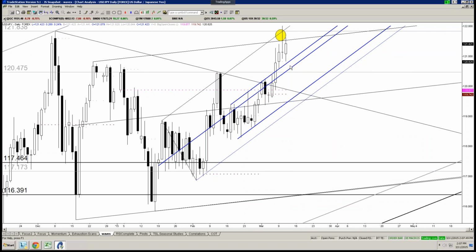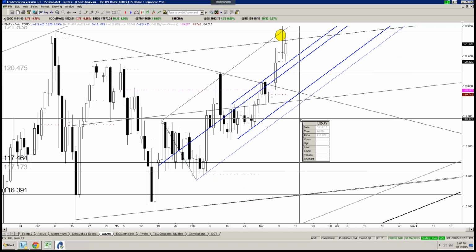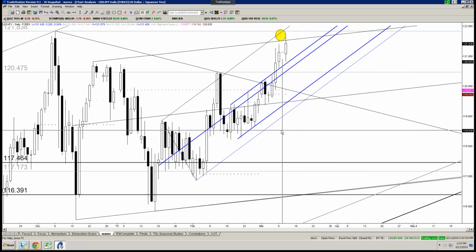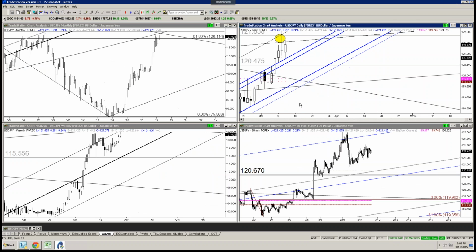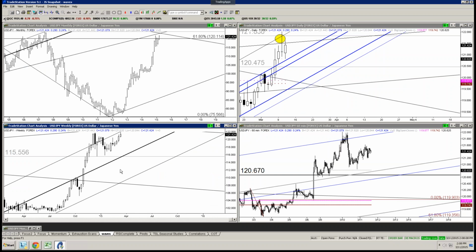That would give us an opportunity to maybe even get long dollar yen. Okay. So first, that resistance, we need to get down below here to get comfortable looking towards the 119.90 area. Okay. All right.